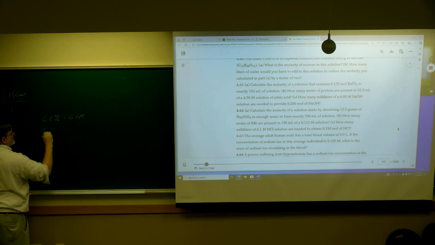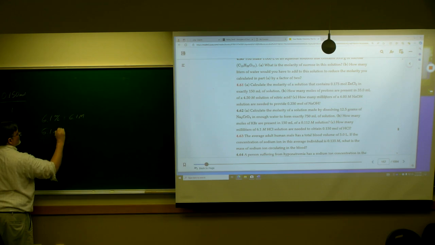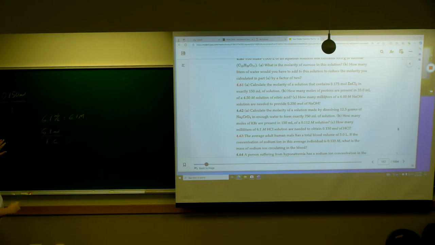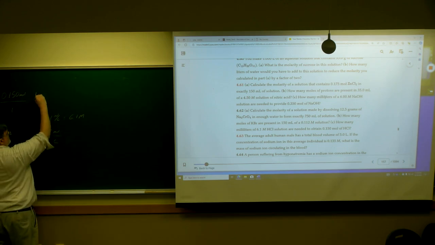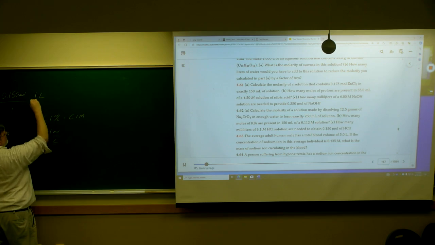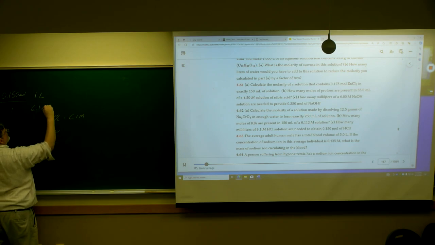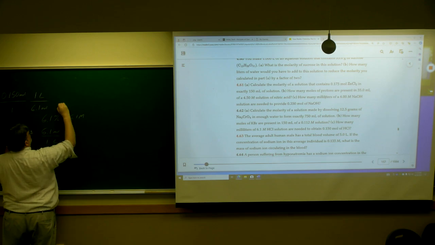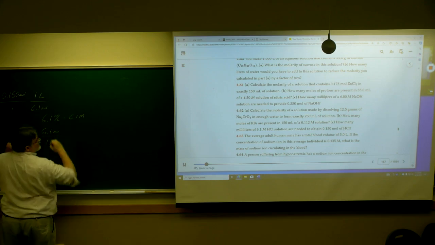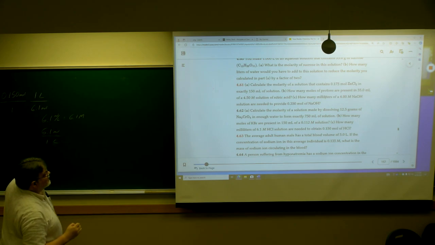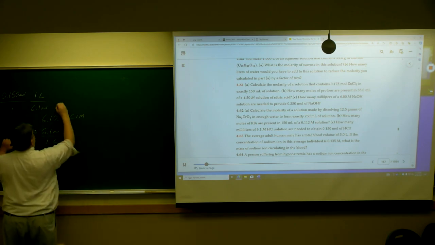I could also write this as moles over 1 liter. Since I'm being asked for a volume, I need the liters on top. So I'm going to say 1 liter, 6.1 moles, and I've still got to do, it's asking for milliliters, right?